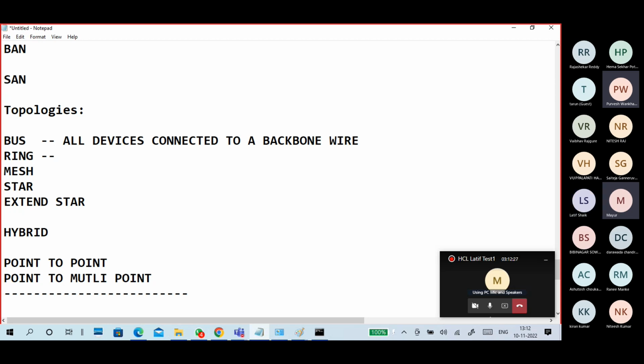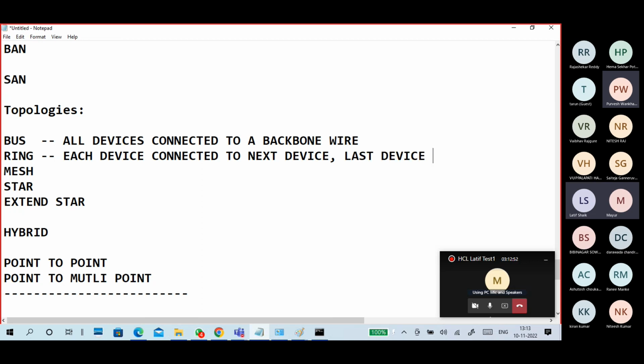Ring: each device is connected to the next device, and the last device is connected to the first device.